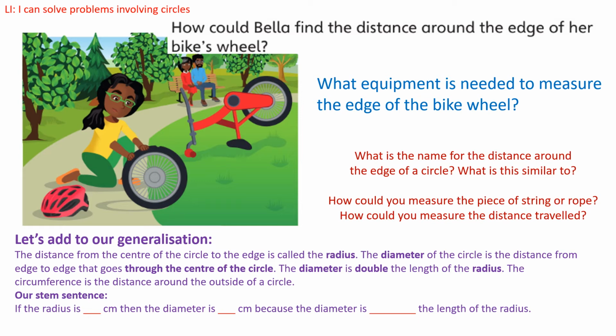So I've changed our generalisation here. So now we've got the distance from the center of the circle to the edge is called the radius. The diameter of the circle is the distance from edge to edge that goes through the center of the circle. The diameter is double the length of the radius. The circumference is the distance around the outside of the circle.